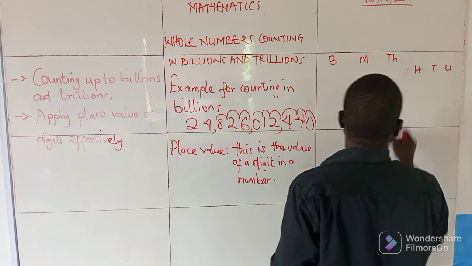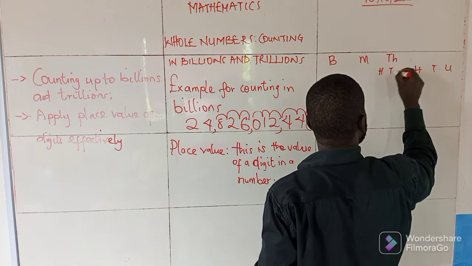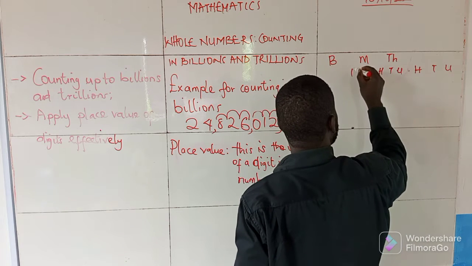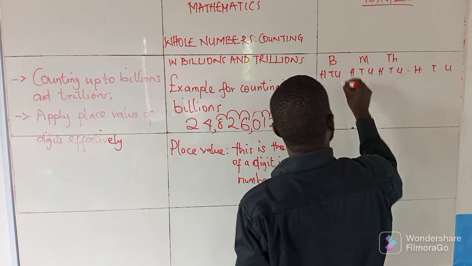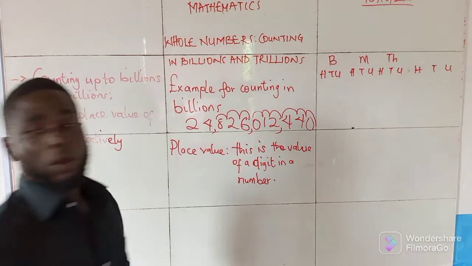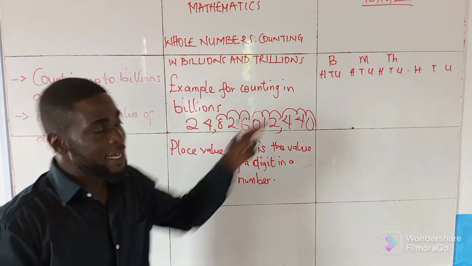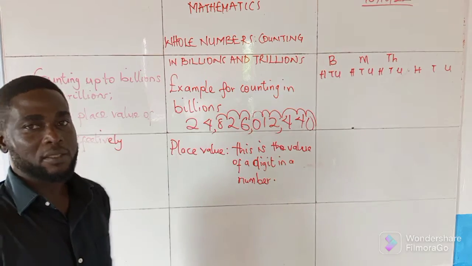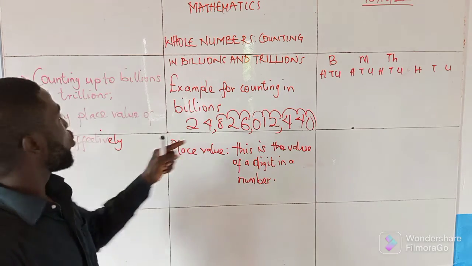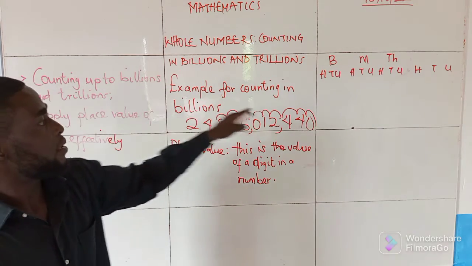For each group, you have hundreds, tens, and units. Now, you are going to slot each of the digits in their place value. And once you successfully do that, we would have also named this number.